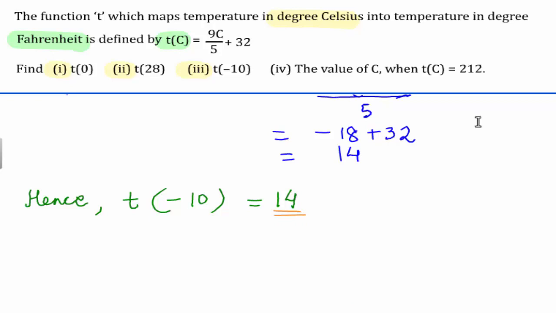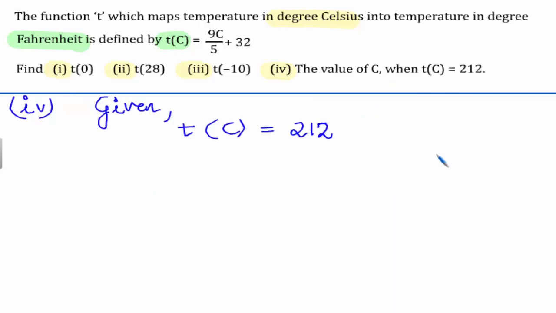Next, we have to find the value of C when T of C is equal to 212. It is given T of C is equal to 212. This implies 212 is equal to 9C by 5 plus 32.